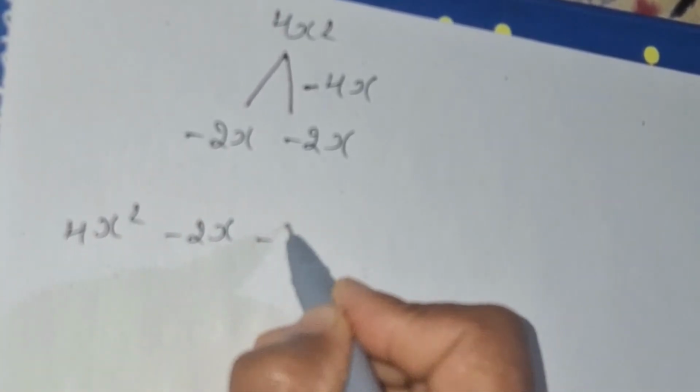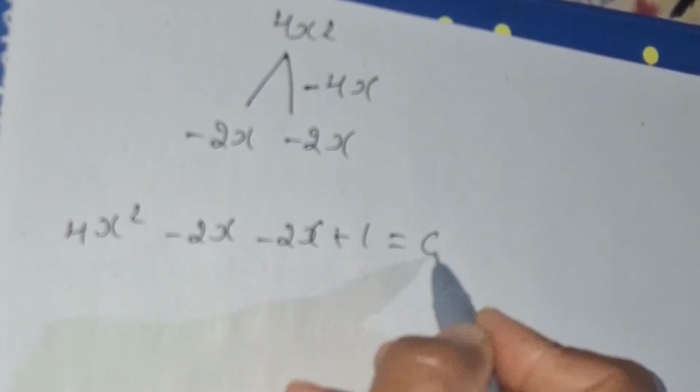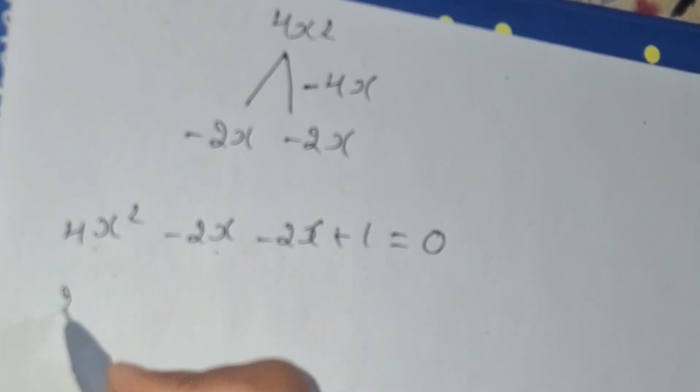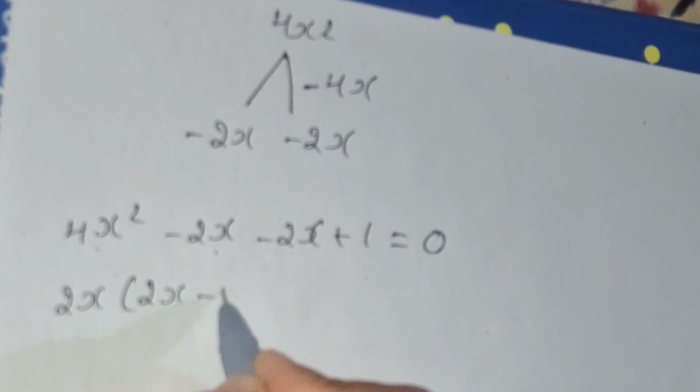Then factorize this. This is the quadratic equation. Factorize by the splitting method: 4x square, minus 2x minus 2x, plus 1 equal to 0. Then take common in these two terms, 2x minus 1.